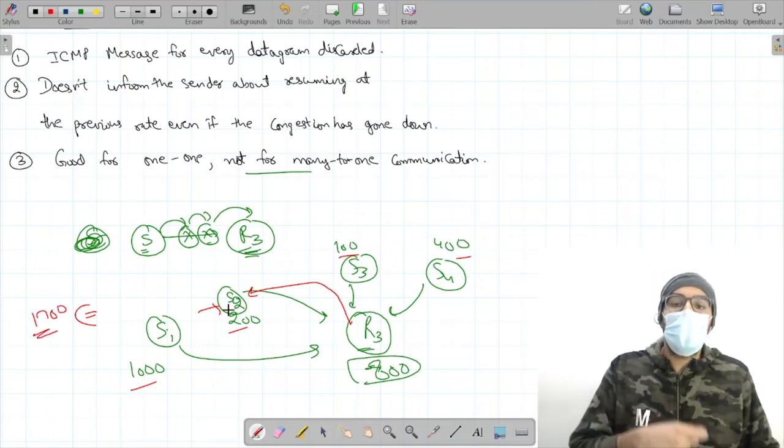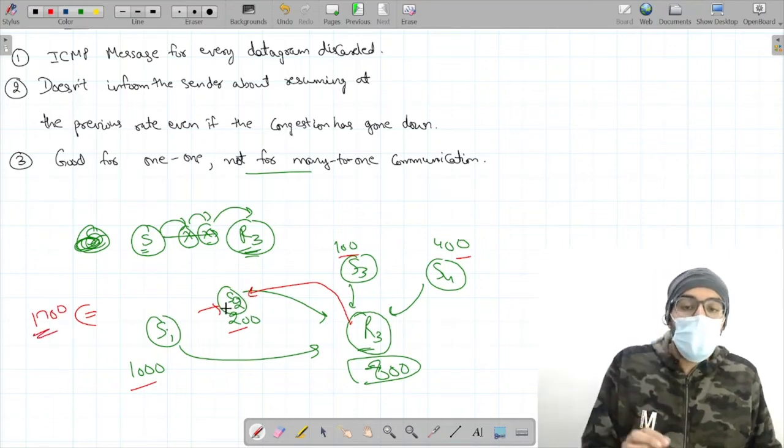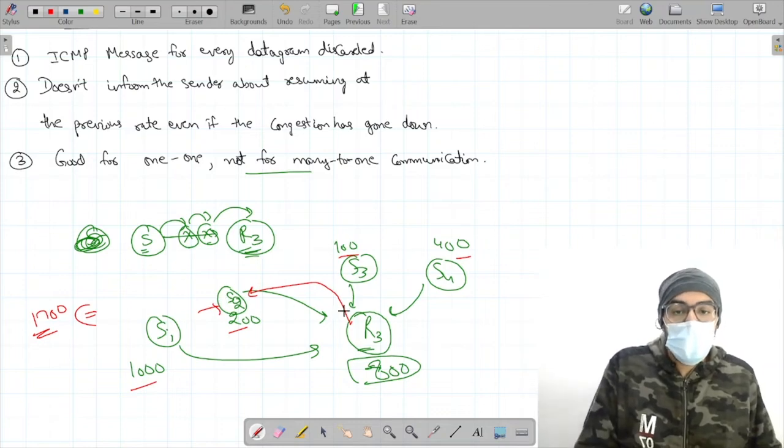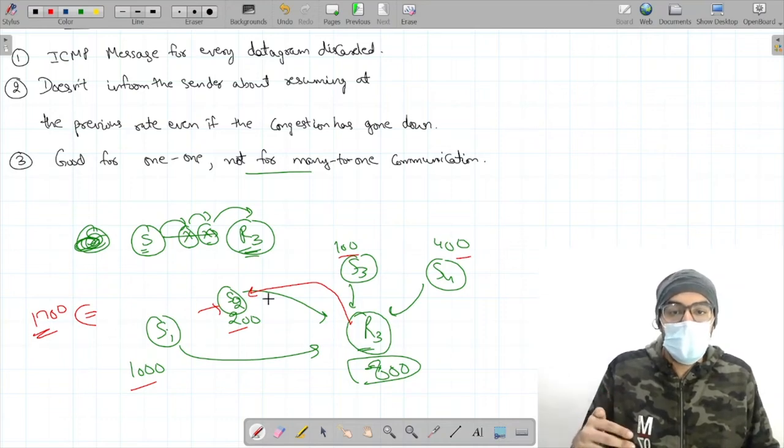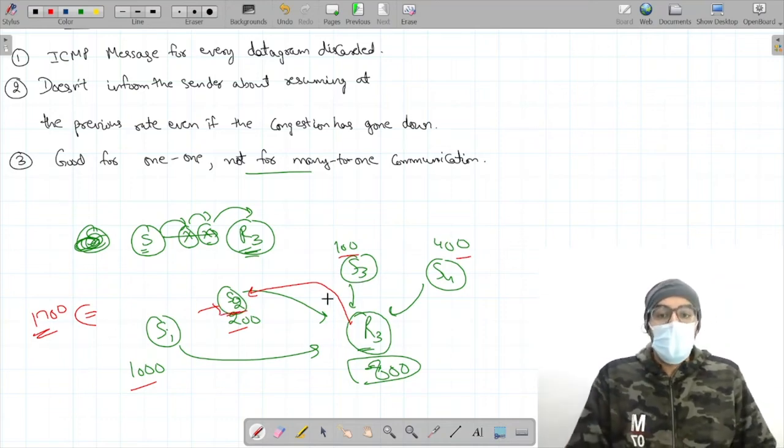Just telling sender S2 that you need to decrease your pace won't do the work. It has to tell the same thing to sender S3, then S4, and then S1 as well.